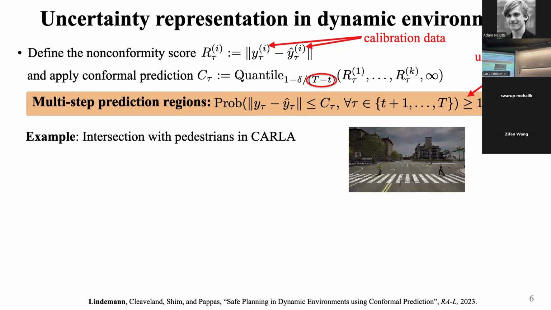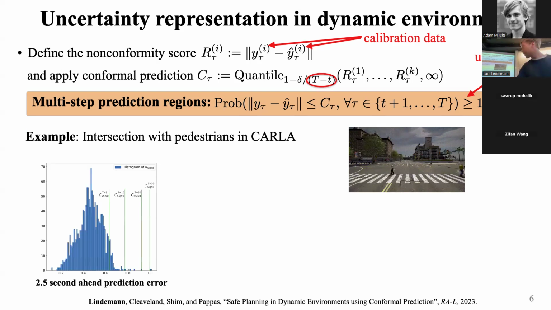We implemented this in Carla, an autonomous driving simulator where we have pedestrians that start at some random position and go to some random position at random speeds. We trained an LSTM in this case, or we used one. I don't remember if we trained it or just downloaded it. But the important part is that we plot the histogram for the 2.5 second ahead prediction error.